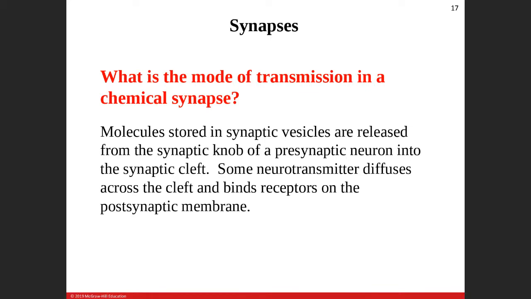The neurotransmitter will diffuse across the synaptic cleft to the postsynaptic neuron, to the chemically gated channels there, and it'll stimulate those chemically gated channels to hopefully open up and let in some sort of substance that's outside the cell. And that's what happens at a chemical synapse. We'll get into that in a little bit more detail.